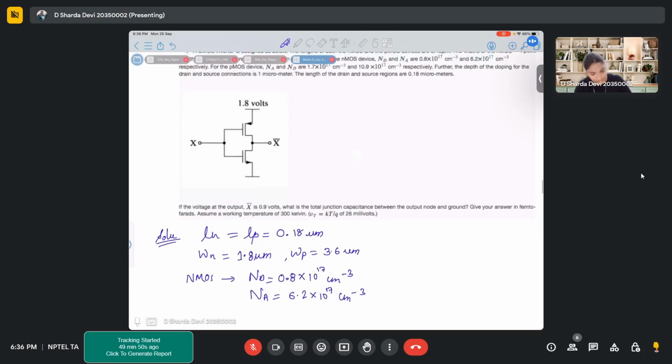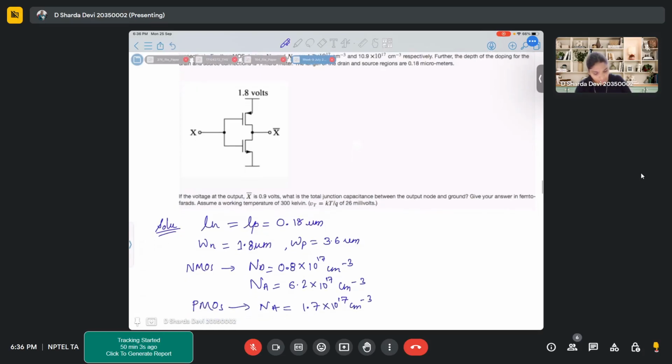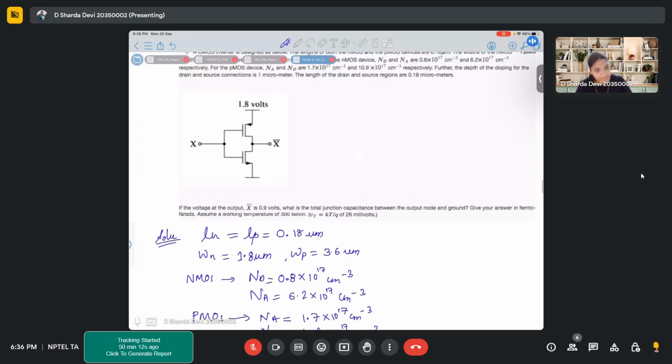For PMOS, NA is 1.7 into 10 to the power 17 per centimeter cube, ND is 10.9 into 10 to the power 17 per centimeter cube, respectively.